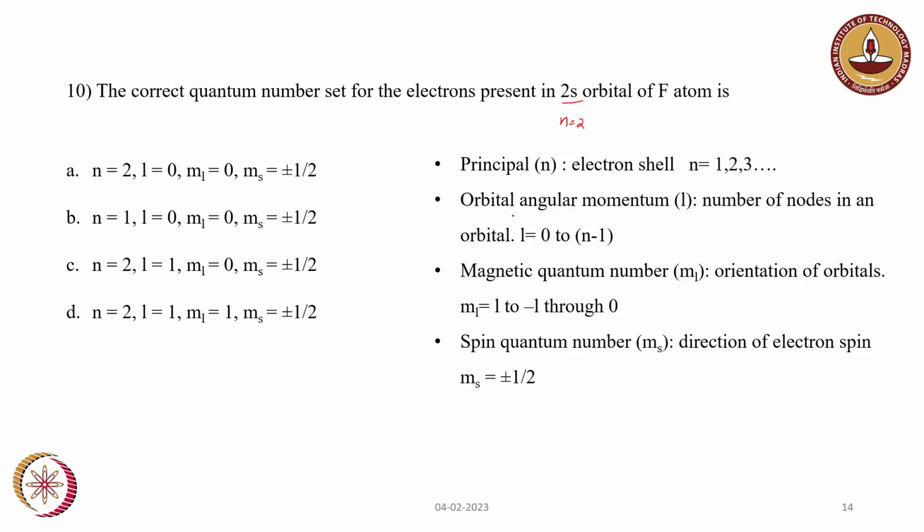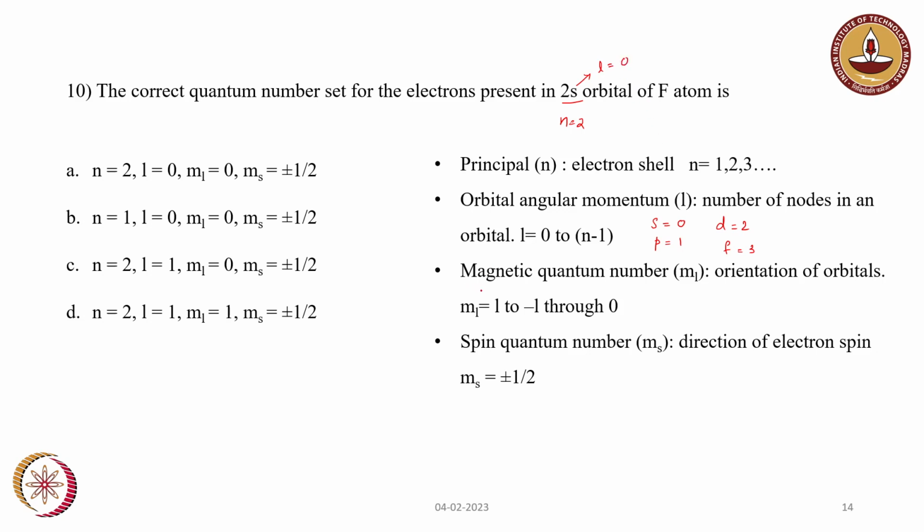Next is orbital angular momentum, L, and it denotes the number of nodes in an orbital. L varies from 0 to n minus 1. For s orbital it is 0, for p it is 1, for d it's 2, and for f it's 3. In the question we are asked about s, so L is 0.